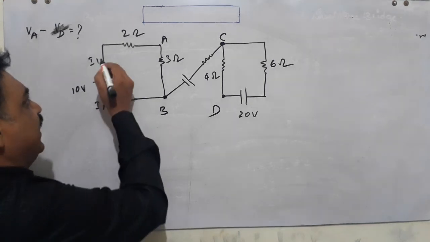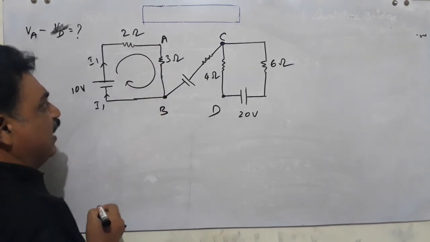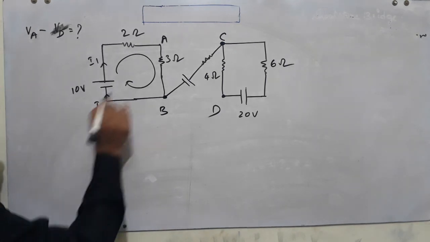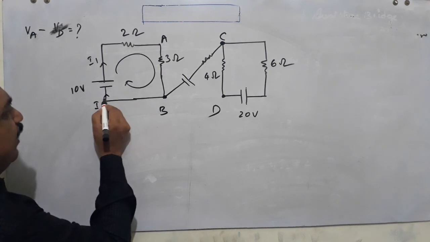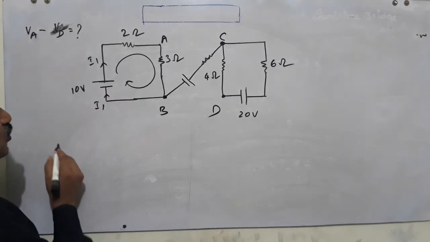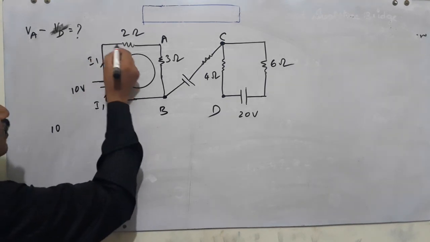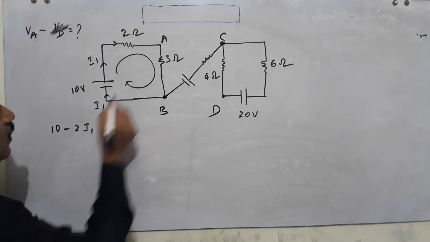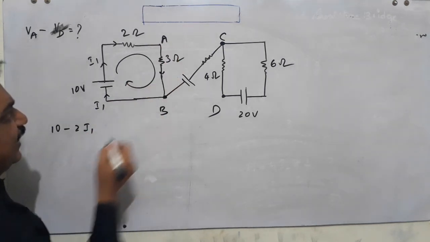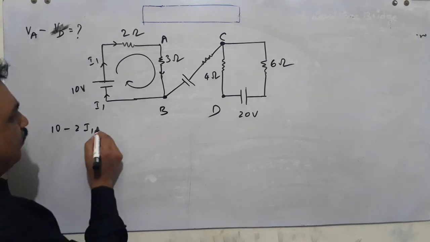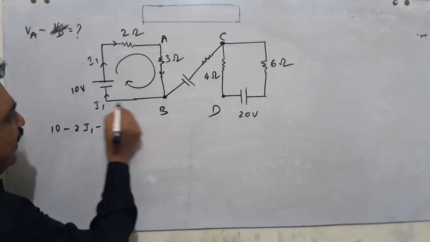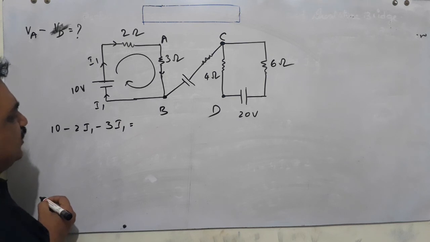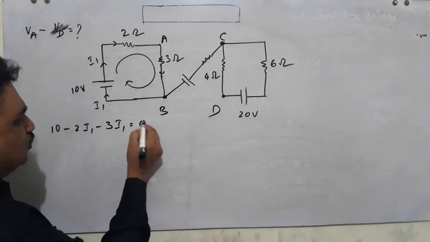And in this situation, say I1 is the current, I am taking it downward and applying Kirchhoff's second law for this loop. See here, I am going from the negative terminal to the positive terminal, 10, and along this resistor in the direction of current, minus 2I1, and here also in the direction of current I am moving, minus 3I1, and as you go towards this, finally the algebraic sum of potential differences is equal to 0.